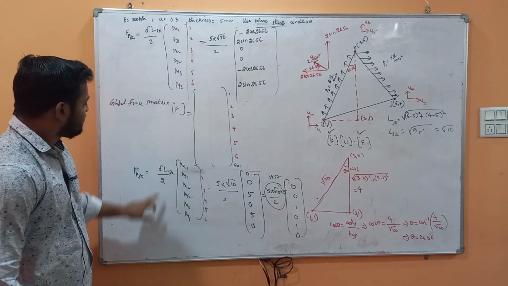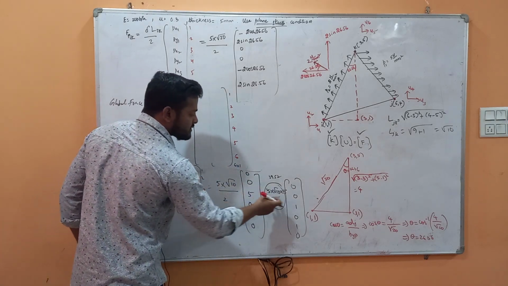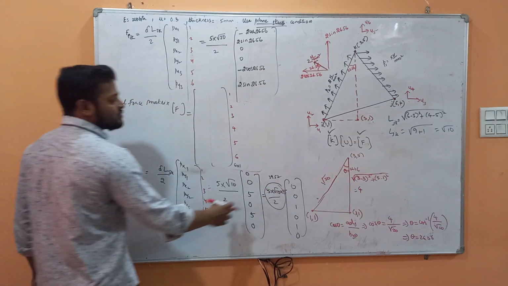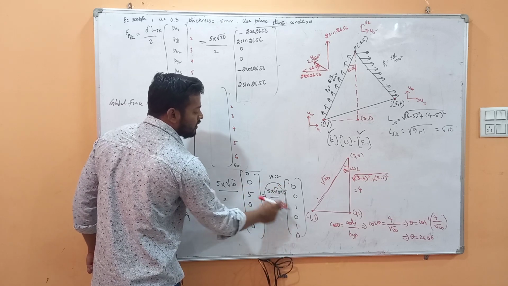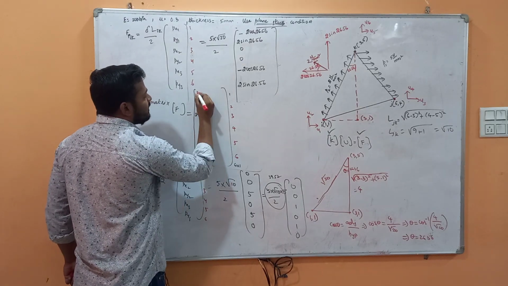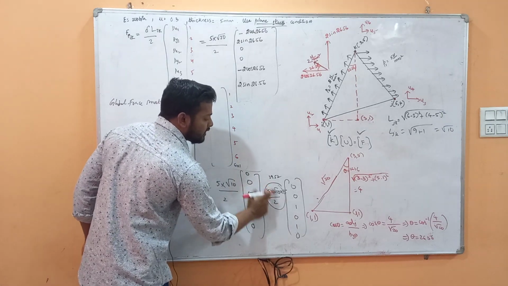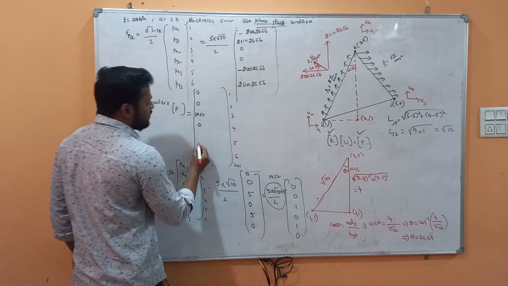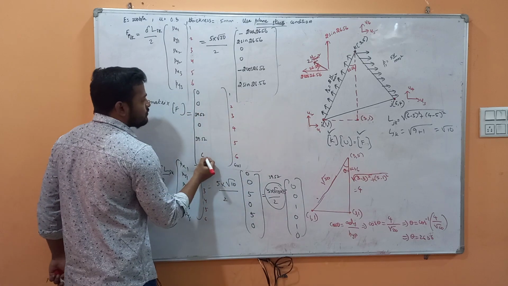For element 1, I will write down first: 39.52 into 0 is 0, 39.52 into 0 again is 0, 39.52 into 1 is 39.52. So for element 1 we have 0, 0, 39.52, 0, 39.52, 0.